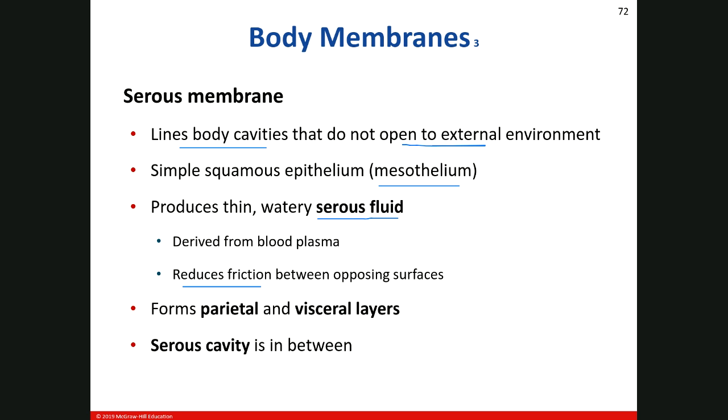The heart's beating all the time. If we didn't have serous fluid in between those two layers, they would heat up from the friction. So that serous fluid helps to reduce that. The space in between these two layers we refer to as the serous cavity.